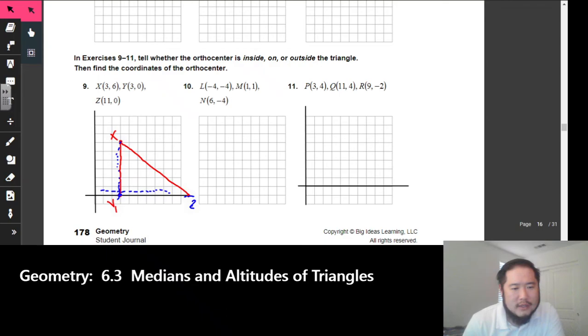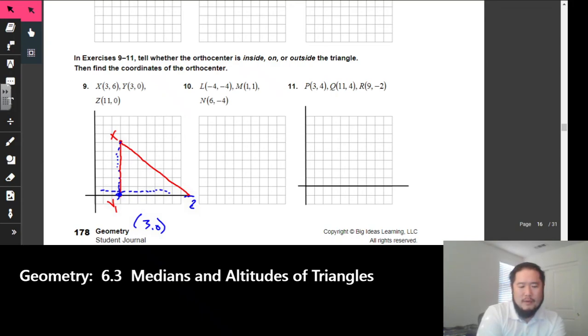And these two lines intersect right there at our answer, which is 3, 0. I didn't even have to find where it's perpendicular to this line. So if you're lucky, you might be able to get away with that. If not, then you're going to have to do some work.